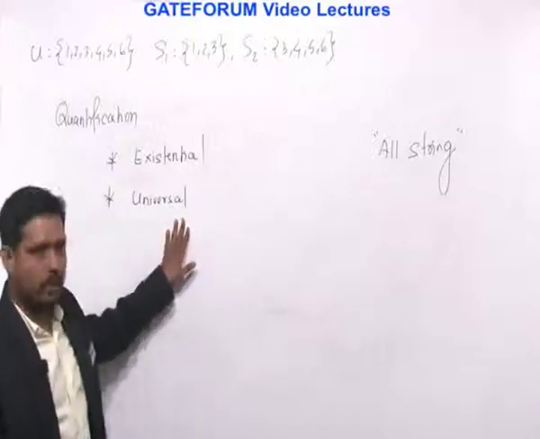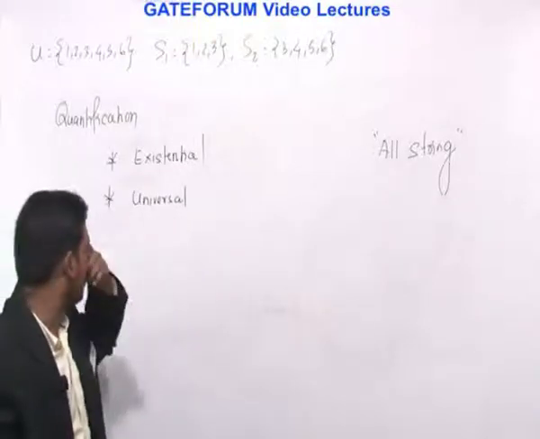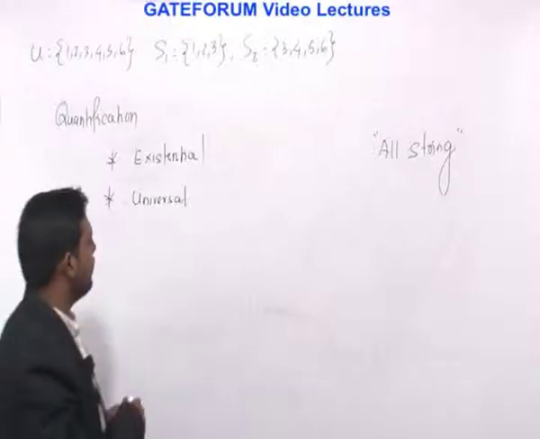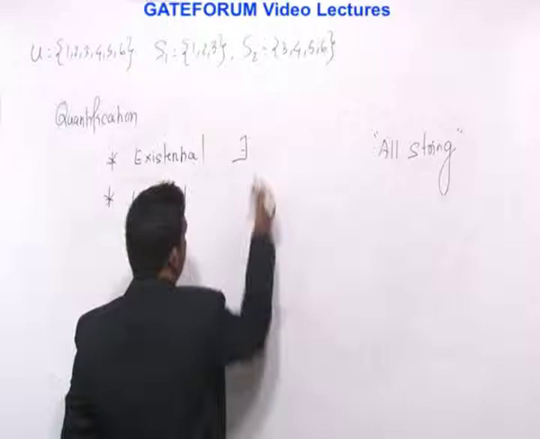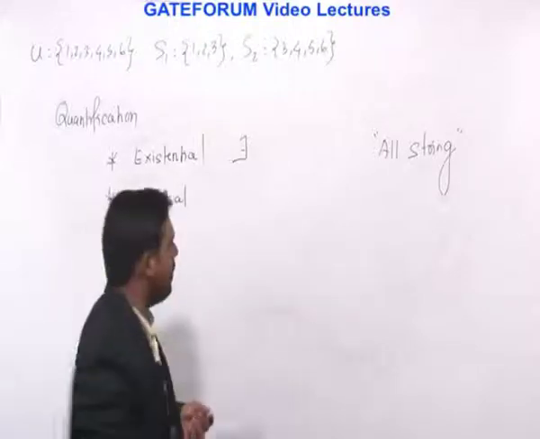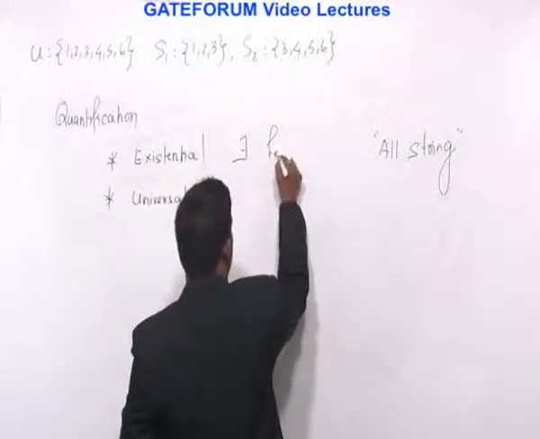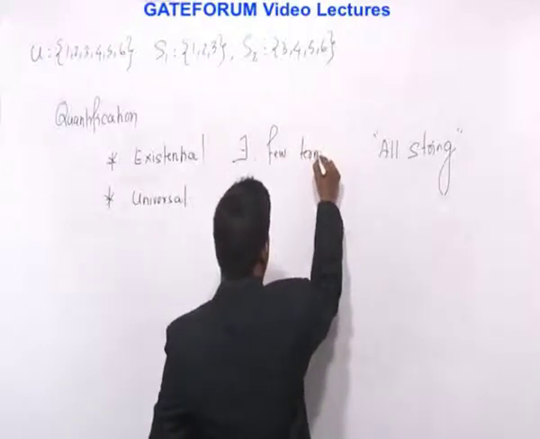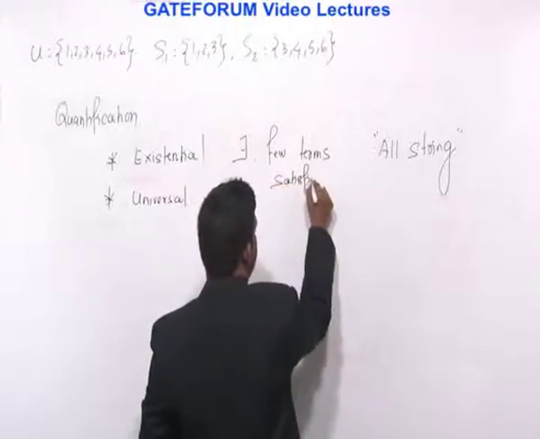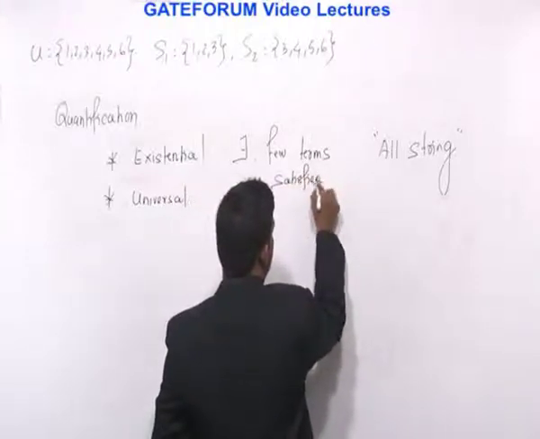Existential quantification is nothing but a few strings, a few items or terms, satisfying the property.